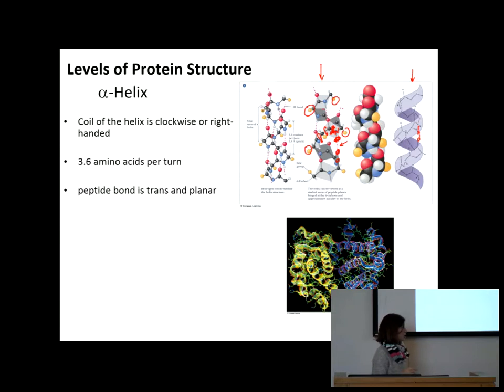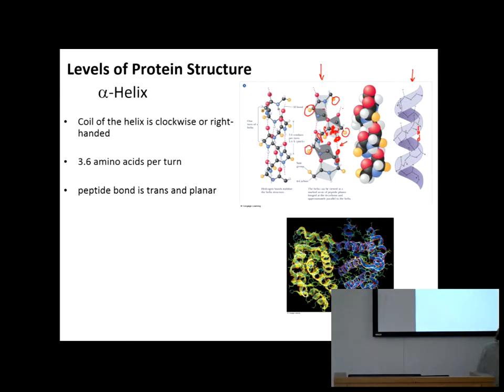I do expect you to know that that peptide bond is trans in shape, and planar. Trans meaning that the oxygen and the hydrogen are on opposite sides. We haven't said that before, that in this peptide bond, the oxygen and the hydrogen are on the opposite sides of this bond that has double bond character.